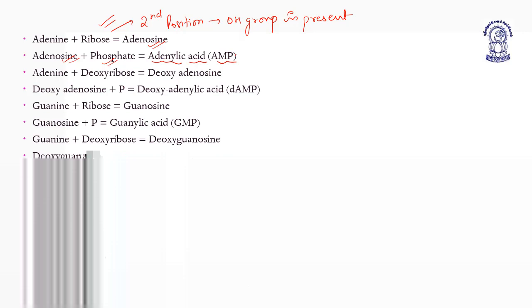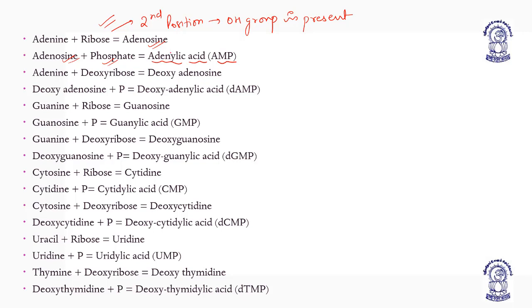Adenosine. Adenosine plus phosphate is known as adenylic acid, AMP. So adenine plus ribose is adenosine, and adenosine plus phosphate is adenylic acid. This is the nucleoside, and this is a nucleotide.